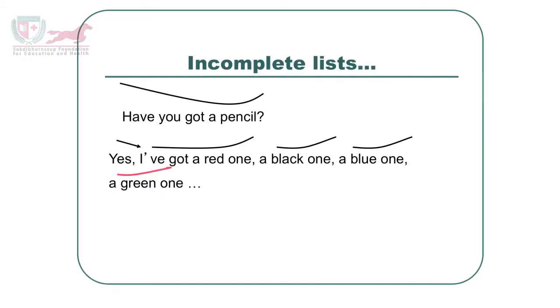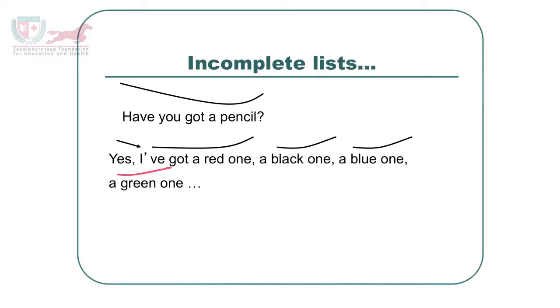We're saying, not finished. There are more. But I am not going to tell you every single one. Got a red one, blue one, a green one, a black one, a yellow one. No. Don't need that. So that rising intonation at the end says, not finished. If you want a different one, ask me. So, everybody then, have you got a pencil?